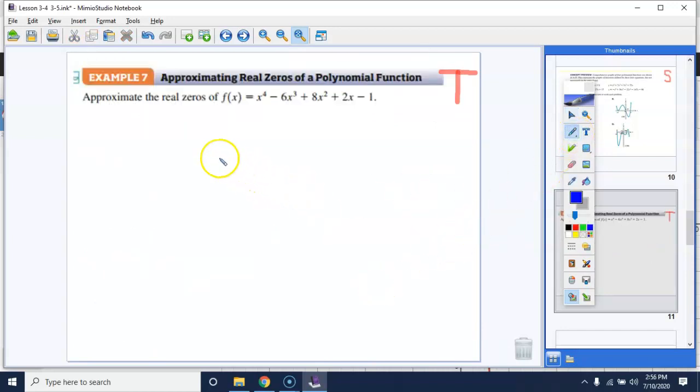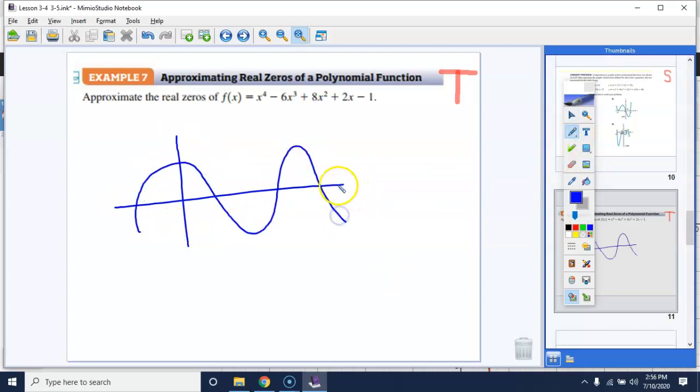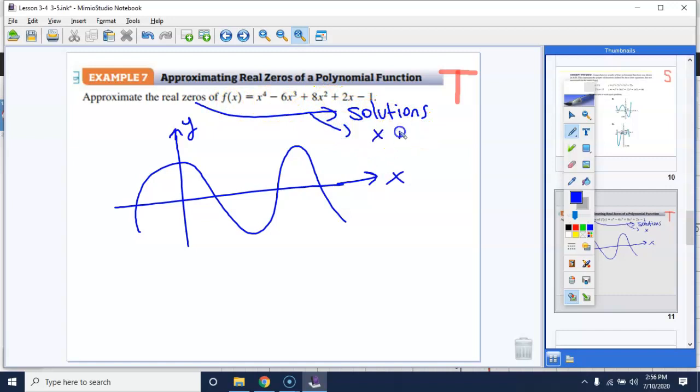So let's say we got something like this, right? And my function looks like this. I just made this up, all right? My x-intercepts, zeros, mean solutions, all right? What's the solution of this function? Or we can say it's the x-intercept. So this function, as you see, has so many x-intercepts, right?